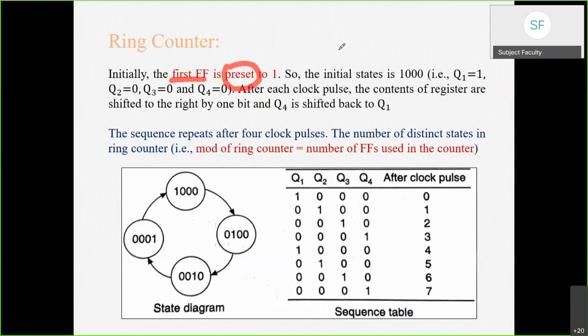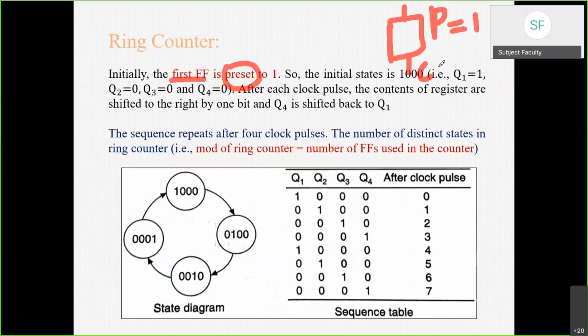A flip-flop will have two more terminals, that is clear and preset. I think we have discussed this. What is the function of clear? It will clear this particular flip-flop. And what is the function of preset? It will basically set this flip-flop to 1. Its output will be 1.